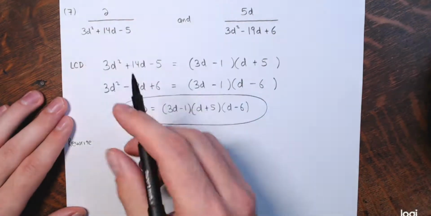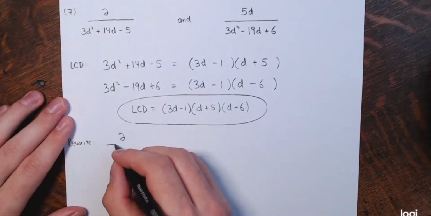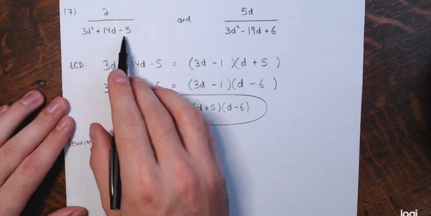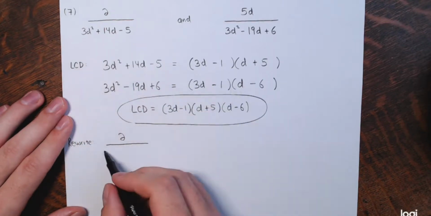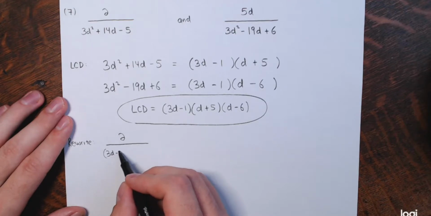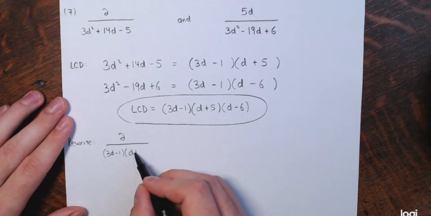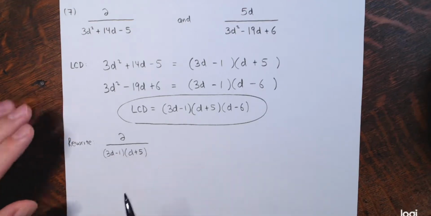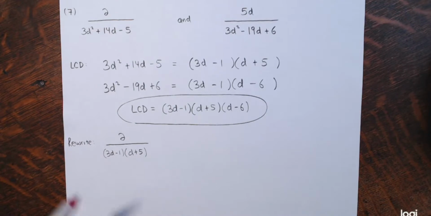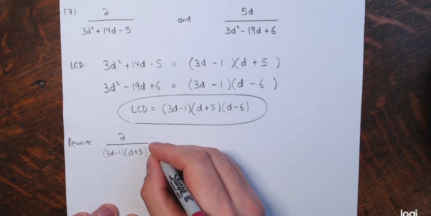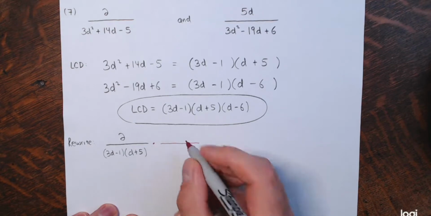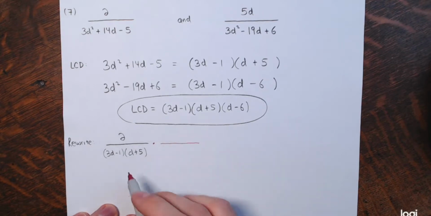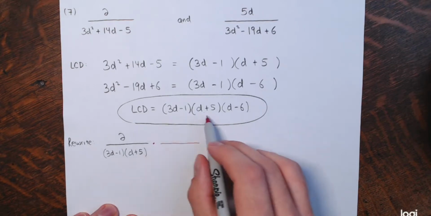So the first fraction, you have 2 over, and we already factored the denominator here. I'm going to do that again. We got 3d minus 1 times d plus 5. And now I just want to multiply the denominator and the numerator by the same expression so that the denominator becomes the LCD.